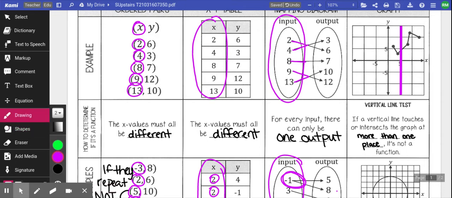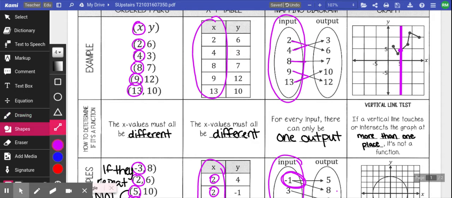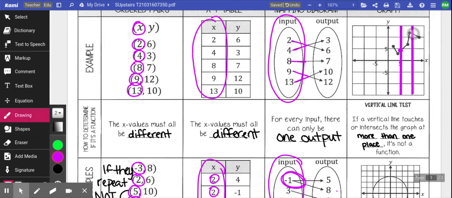If I look at this, it's only touching the graph in this one spot, right? We see that? So it didn't touch it in more than one spot. I could draw another vertical line, like right here. Again, it's only touching my graph in this one spot. You can put your pencil straight down and see, right? It's only touching it in one spot.